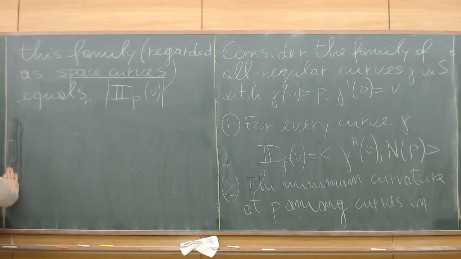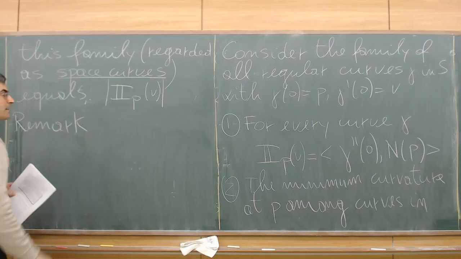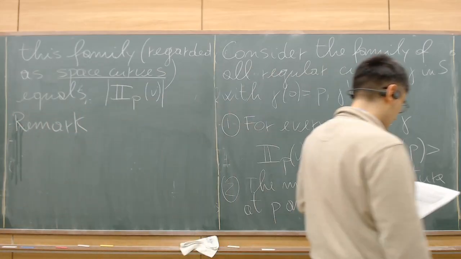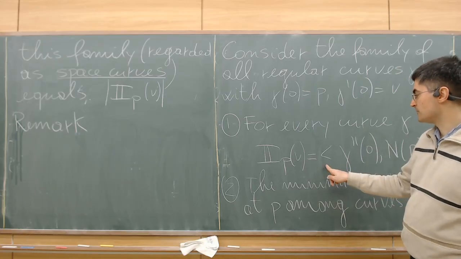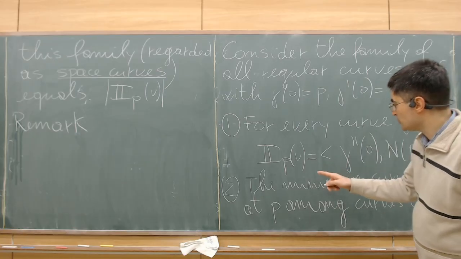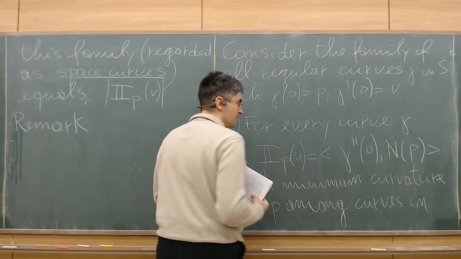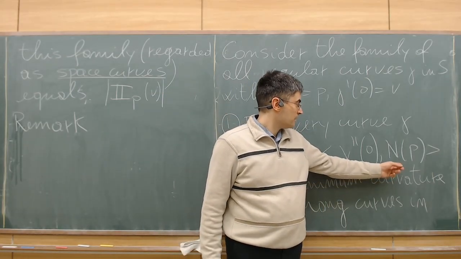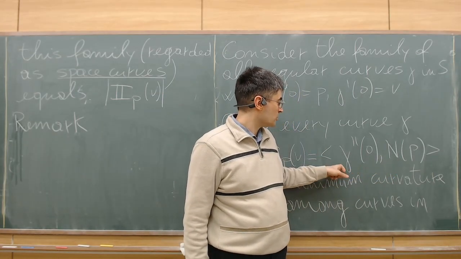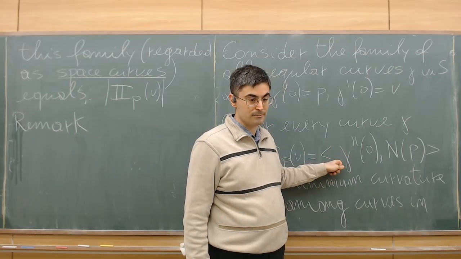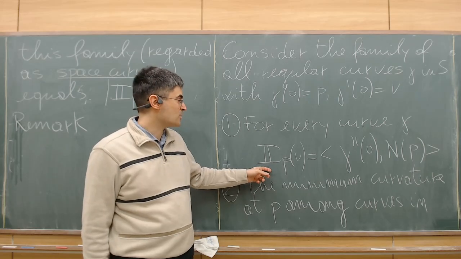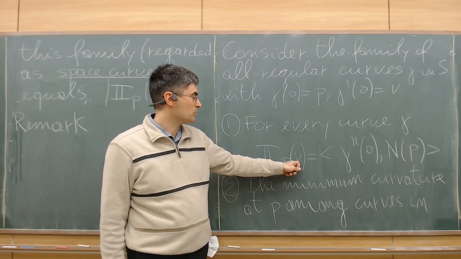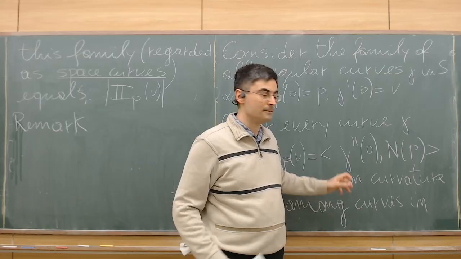Before giving you the proof, let's make a remark. The remark is about this formula. The right hand side depends on the second derivative of gamma. Instead, the left hand side depends only on v, which is the initial derivative of gamma.